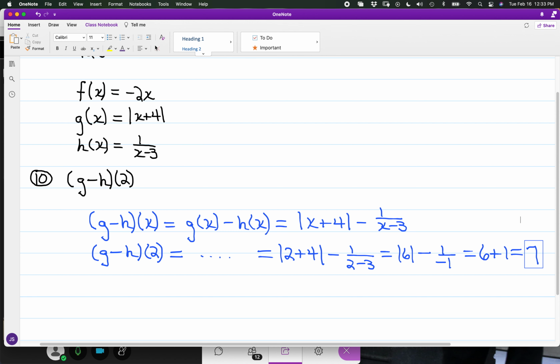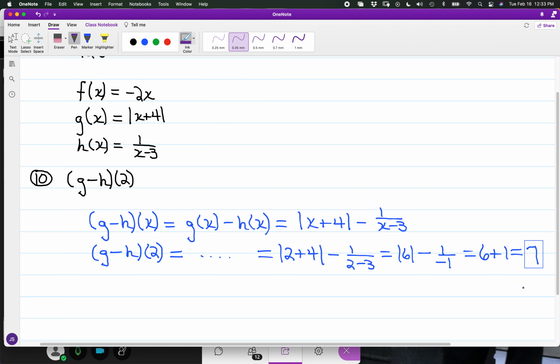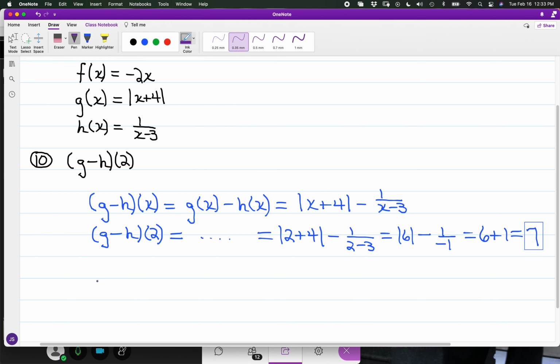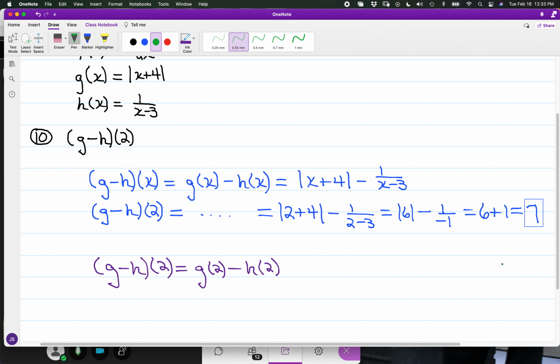And also, if I had taken the approach of going ahead and tackling this another way, so I have g minus h of 2, and we have g of 2 minus h of 2. And if I were to identify just what g of 2 and h of 2 are right away, so with g of 2, again I have g of x, you have the absolute value of x plus 4.